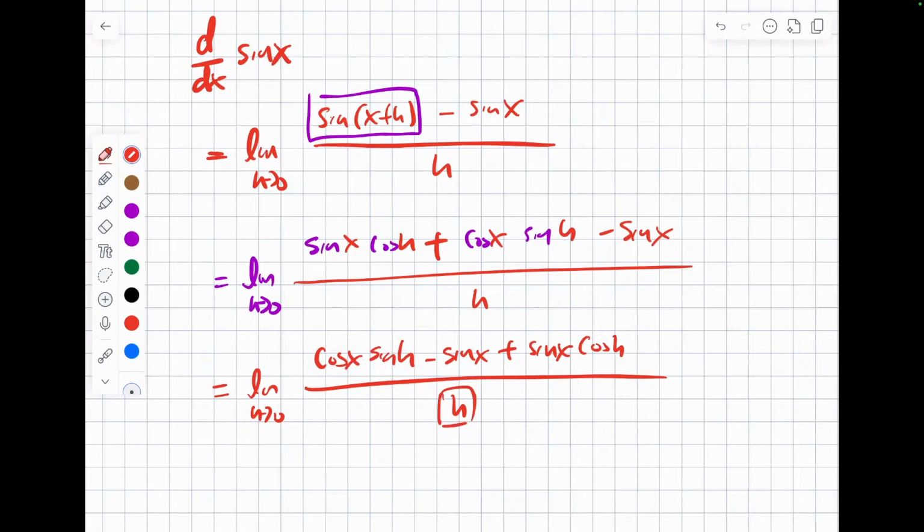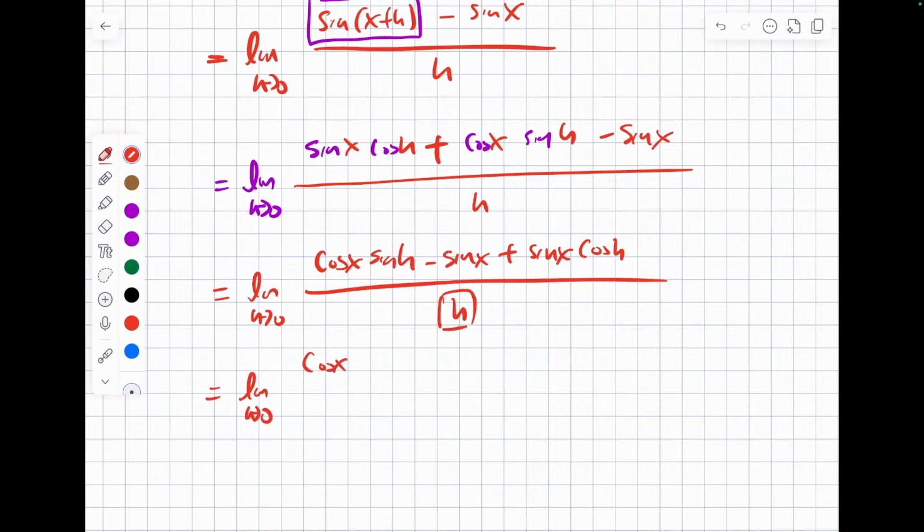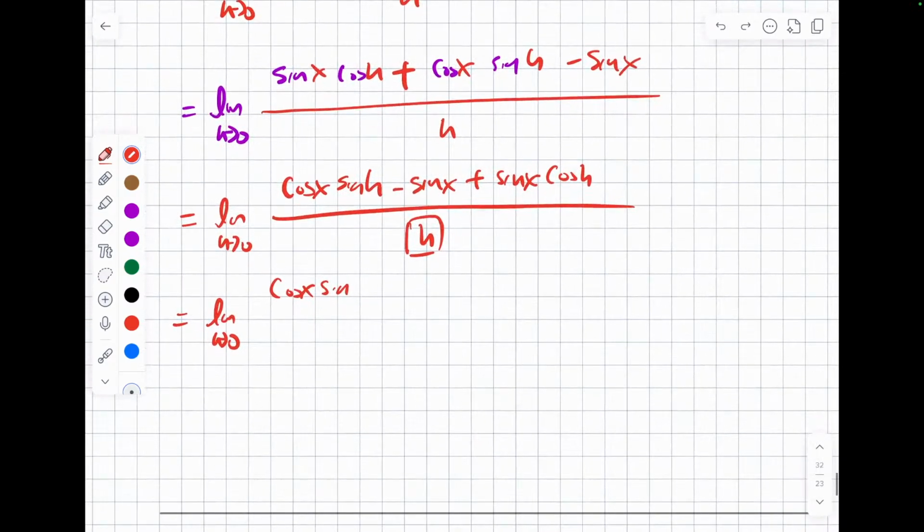When the bottom is h, what can I do? We can split, right? Just like what we did earlier. So we can say that's equal to the limit as h approaches 0 of cosine of x sine of h over h.